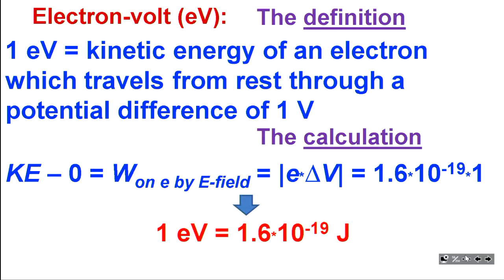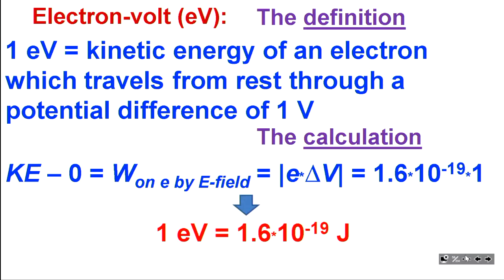The conversion factor is 1.6 times 10 to the negative 19, so 1.6 times 10 to the negative 19 joules is what we call 1 electron volt.